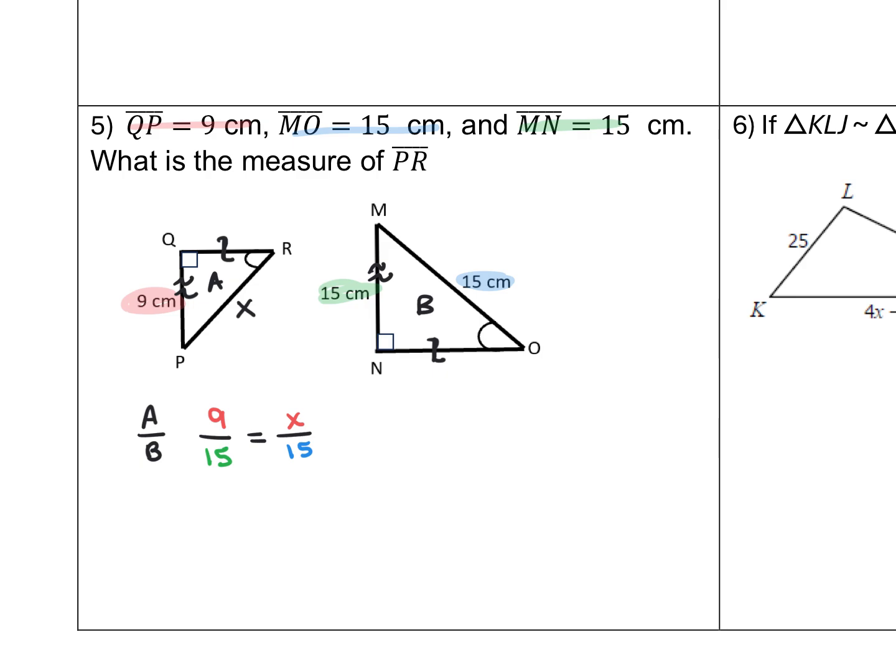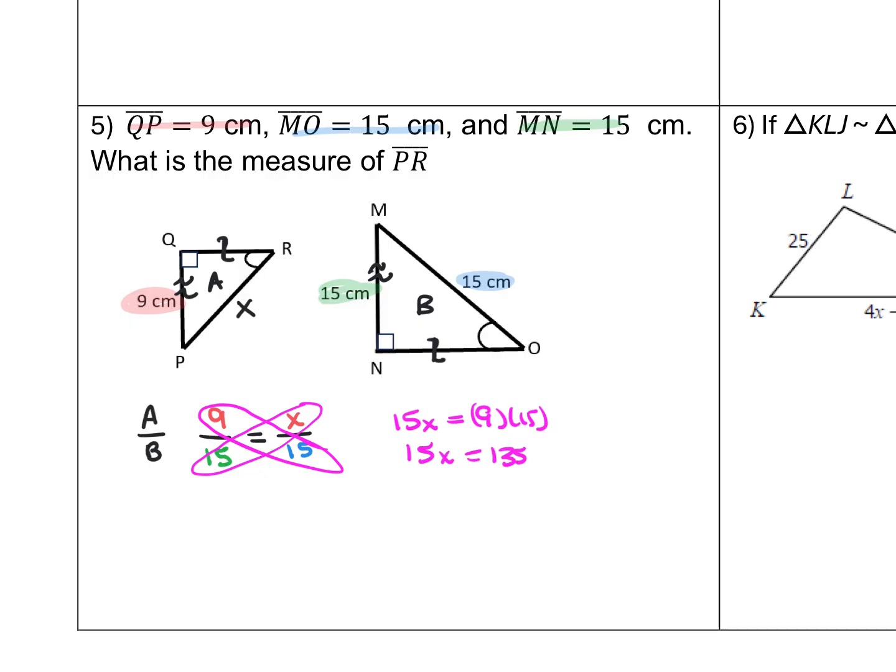Alrighty. So from here, we are going to have to cross multiply. When we do that, we got 15x is equal to 9 times 15. Well, 9 times 15 is equal to 135.